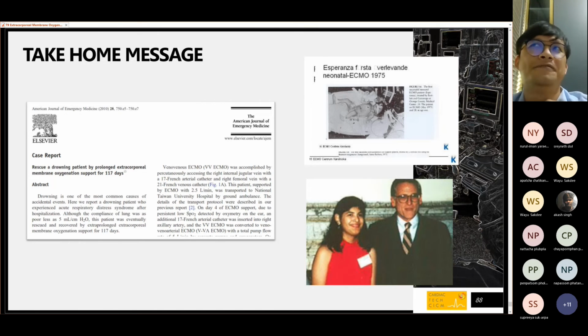In reality, we would give up within a week after the patient has a serious condition, right? But prolonged support proves that it might help the patients, even when the team does not give up. So that is your role in the future.